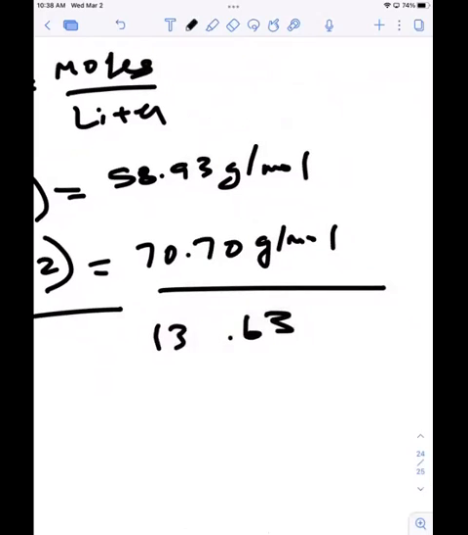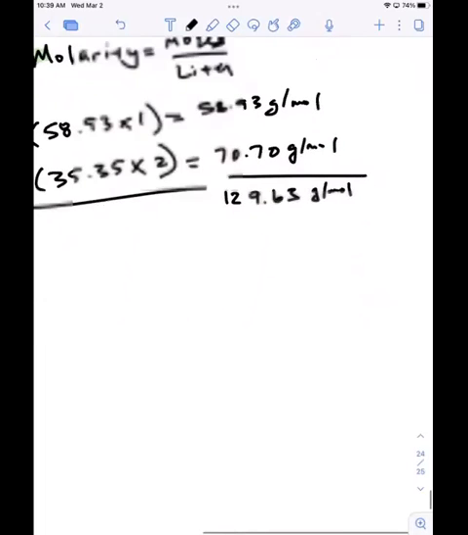It's 129.63, 58.93 plus 70.70. Yeah. All right, so this is our molar mass.